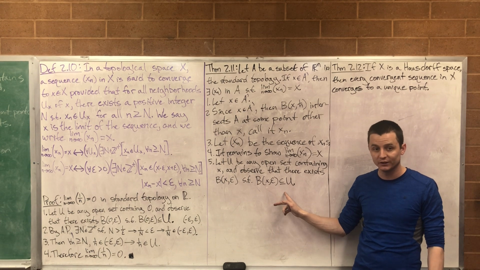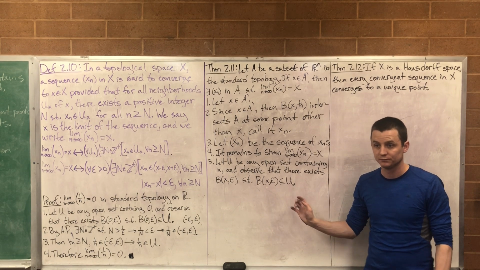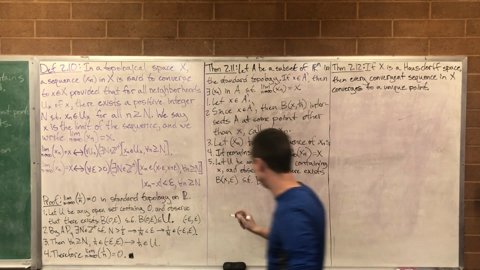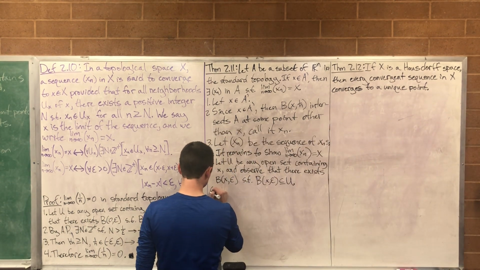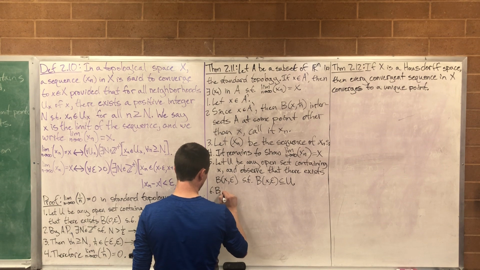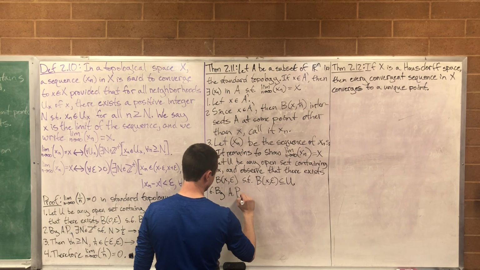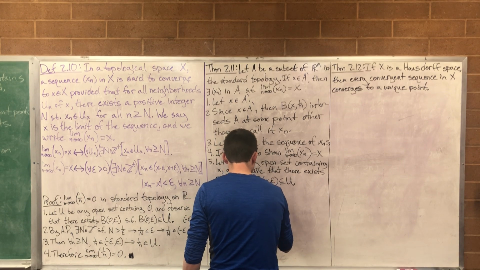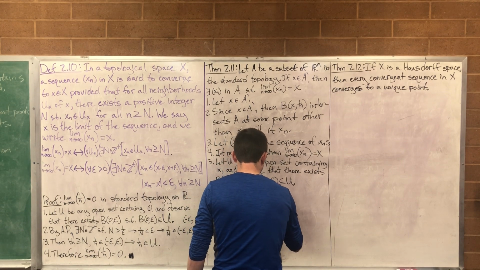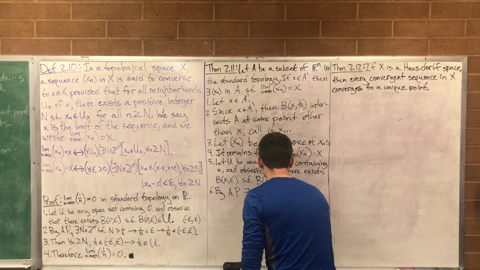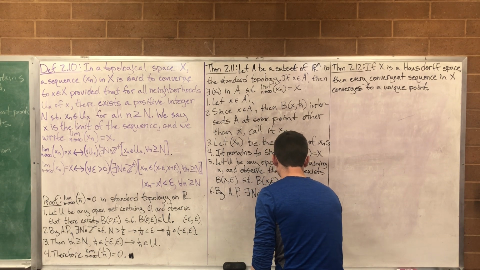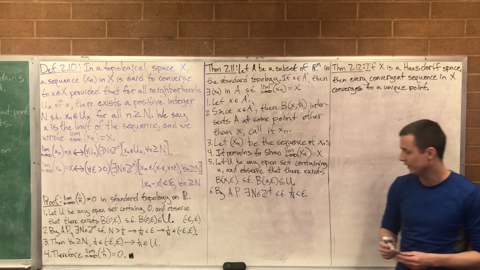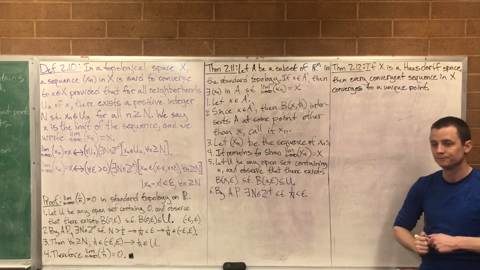And we know that there is one that's a subset of U. Now, we're going to use the Archimedean property. By the Archimedean property, there exists some positive integer n such that 1 over n is less than epsilon. Right?